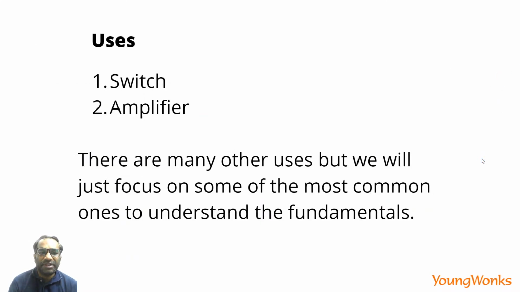Now, there are many uses for transistors, but we will focus on two basic things. One is a switch and one is an amplifier. The switch is very important because a very low amount of voltage and current applied to the base or the gate allows larger current to flow through from the source to the drain.